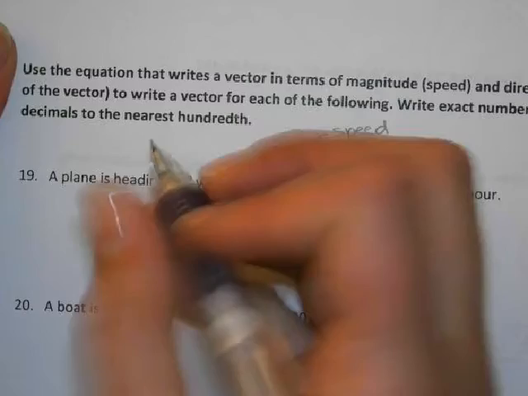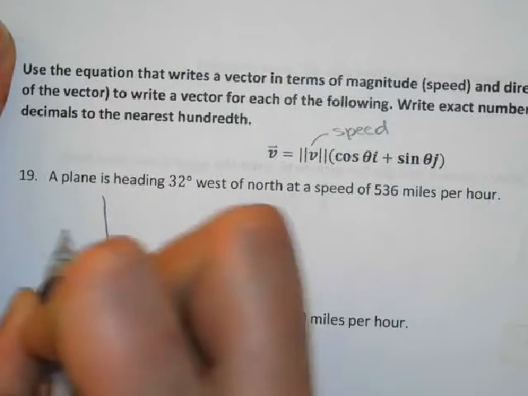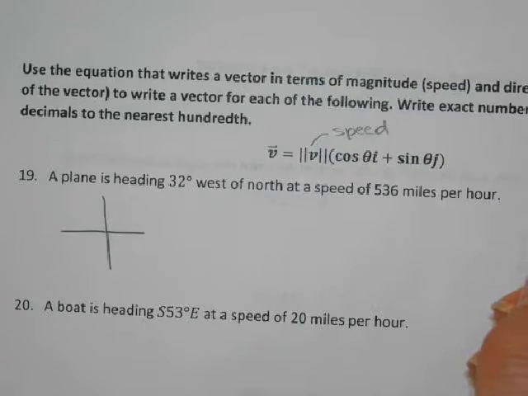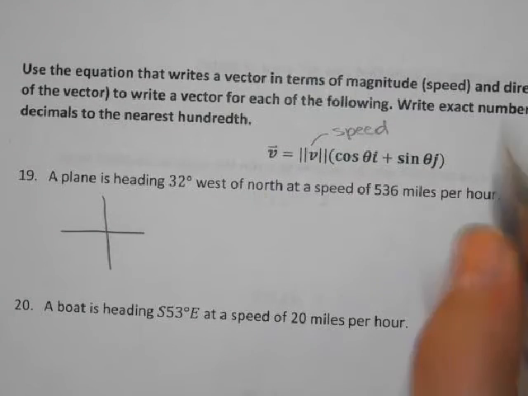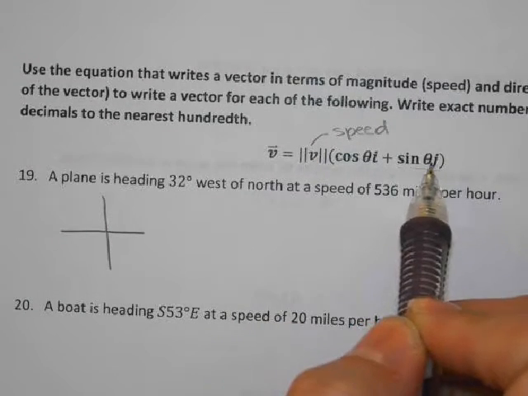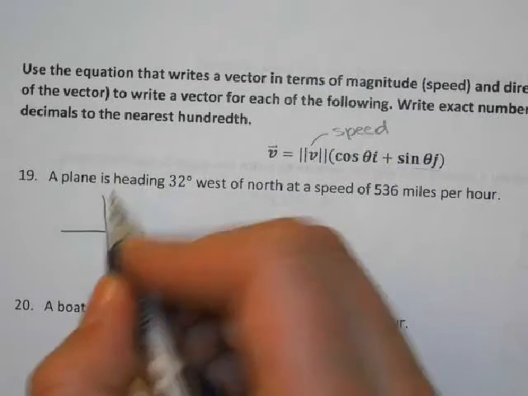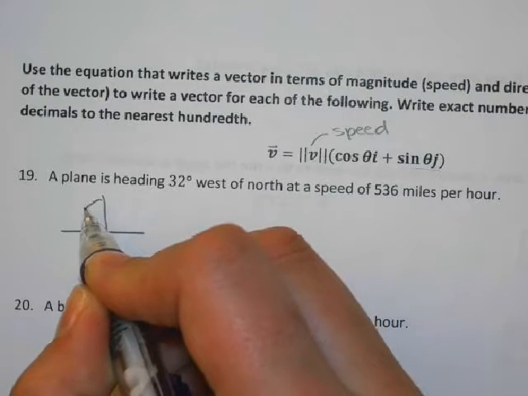So first, we have to draw the angle and figure out what the calculator angle is so that we can work with it. And then after that, we're going to plug stuff into this formula. So we're starting at north, and we're going 32 degrees to the west of that.